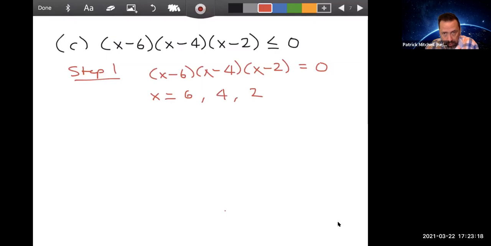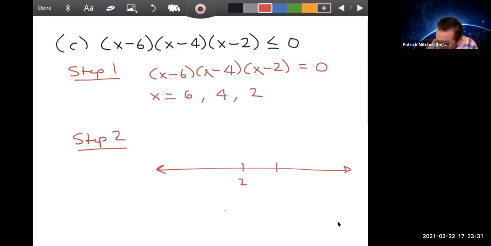So in this problem, there are 3 boundary points, which means when I go to do my number line, and of course those numbers are going to go in the order 2, 4, 6, that is going to create 4 regions. So we're going to have an A, B, C, and now we're going to have a D.